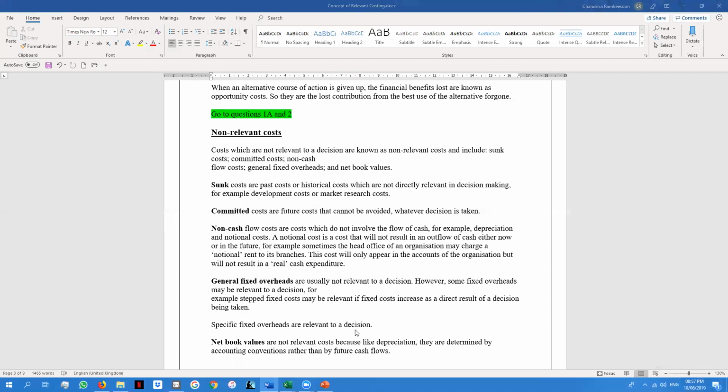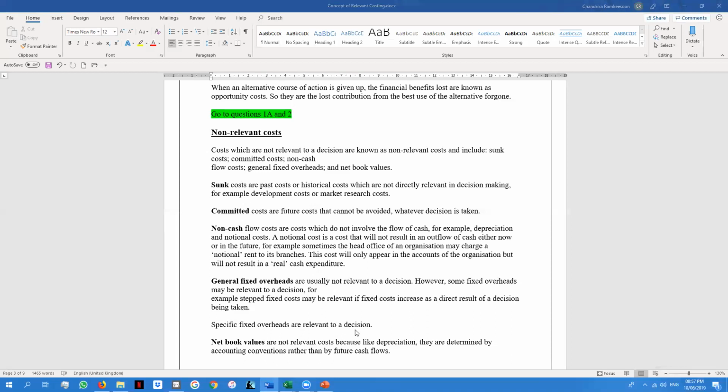So from 1 unit to 10,000 units, the supervisor's salary is indeed a fixed cost. So if management is trying to decide whether they ought to produce 4,000 units or 10,000 units, the supervisor's salary is not a relevant cost because it will be paid anyhow.